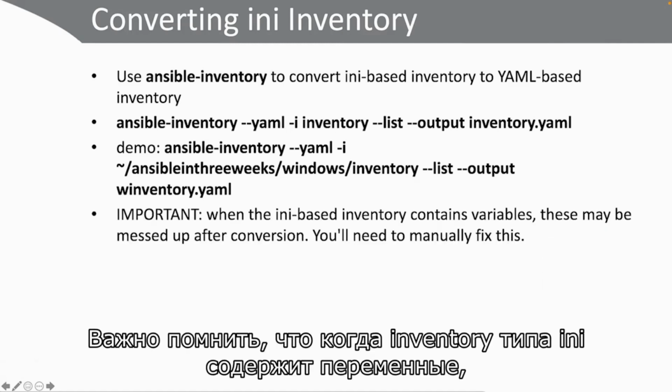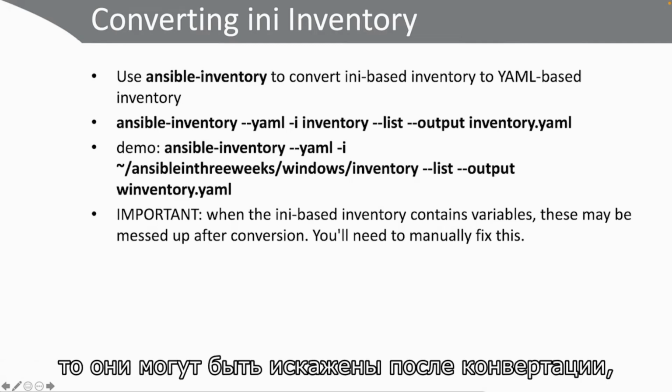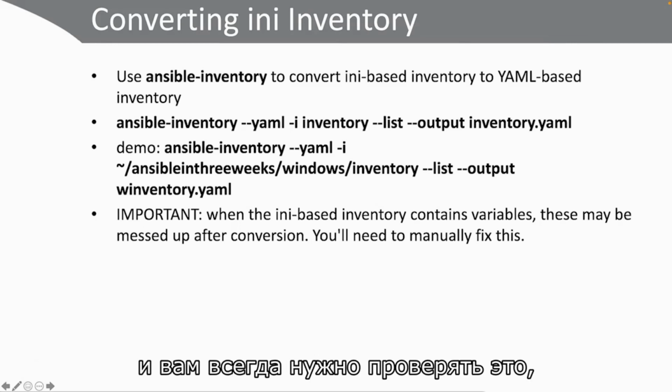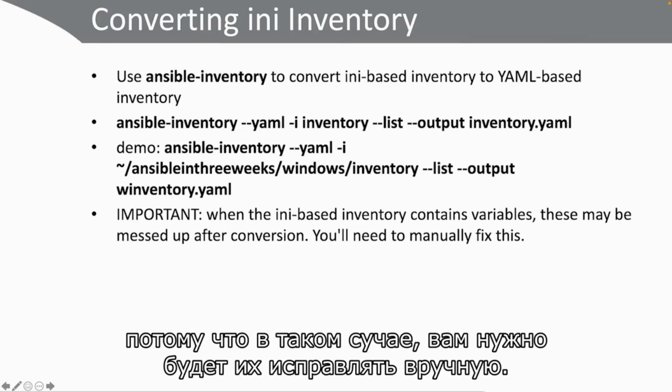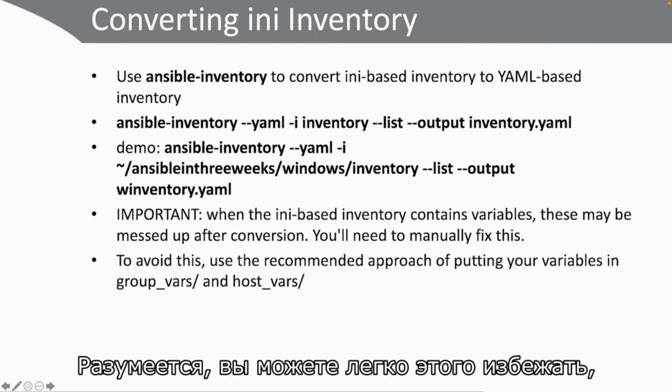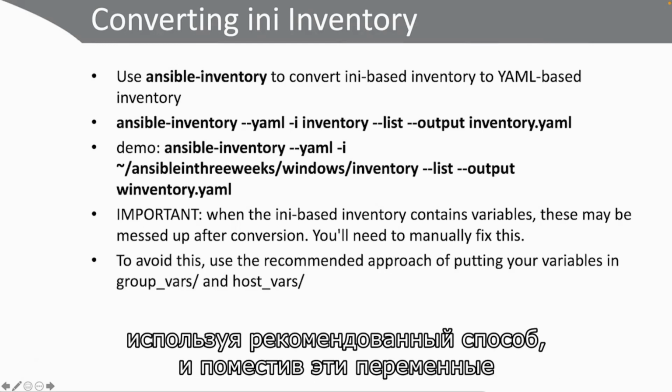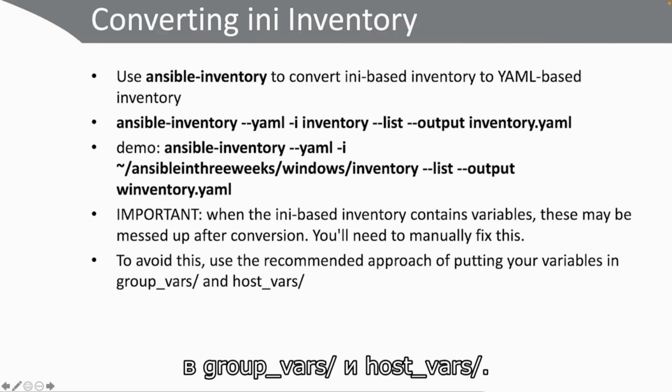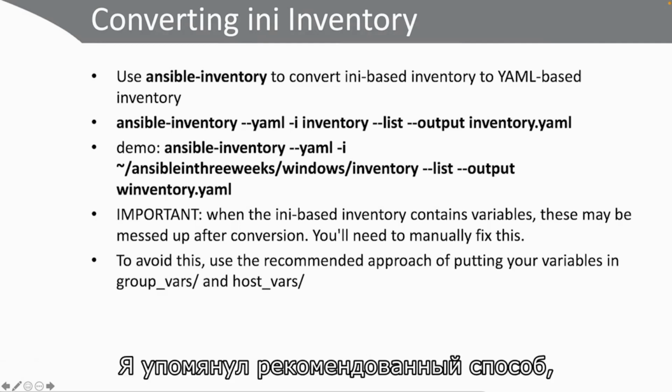But important, when ini-based inventory contains variables, they may mess up after conversion, and you should always check because you might have to manually fix it. Of course, you can easily avoid that by using the approach of putting your variables in group_vars and host_vars. Hey, I'm mentioning the recommended approach here.